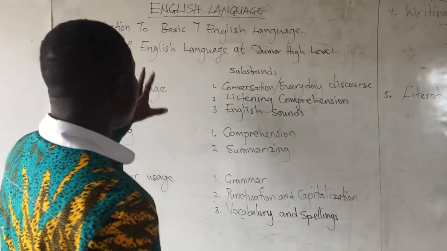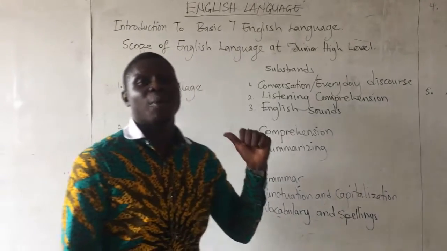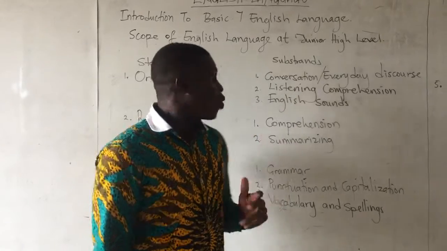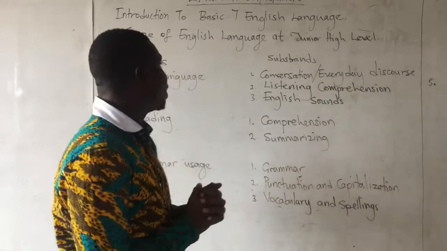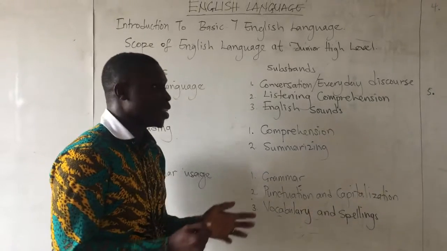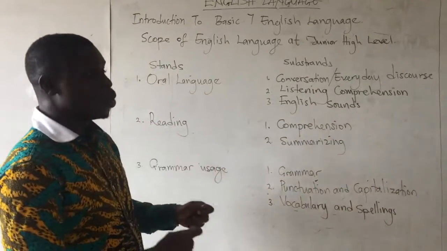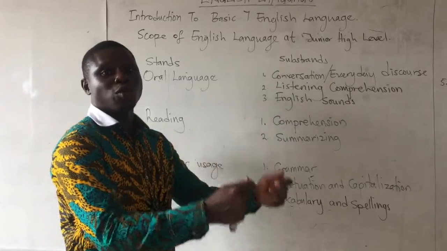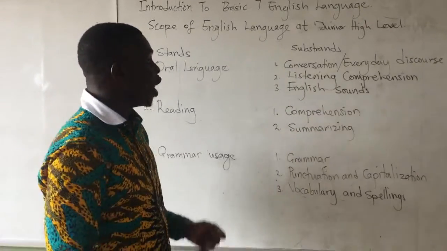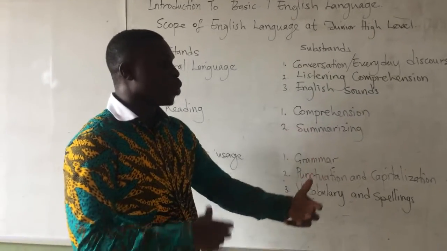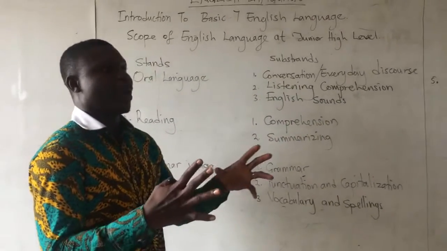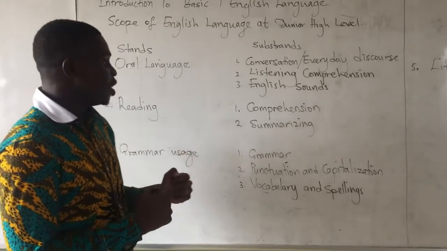Now these things are no different from what we did in our previous class. I'm going to explain what I meant: whatever we're doing here is a little step up of what we did in the previous class. We are going to build on all the things we learned. So we'll still be doing nouns here again, we're doing adjectives. Almost everything that we did in Basic 6, we'll be doing, but we are going to build on them and expand our knowledge in these areas.